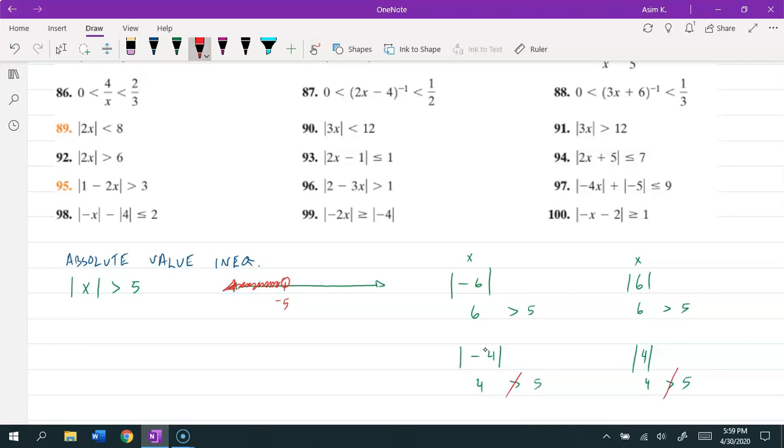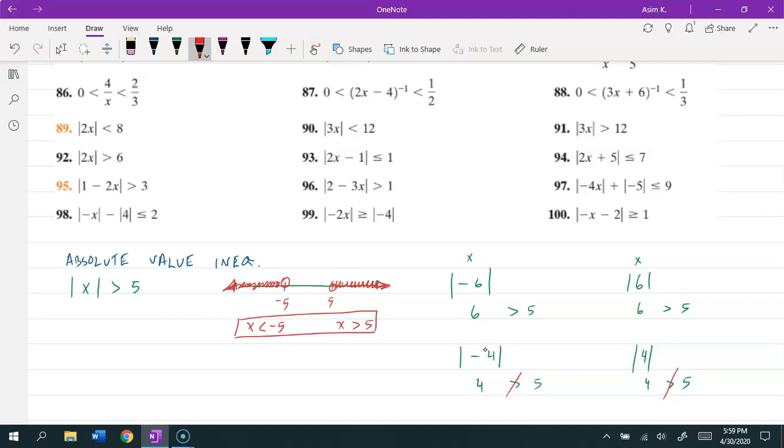So as long as x is a number greater than 5, you're in business. Altogether, the answer is that x is either less than -5, or x is greater than 5.